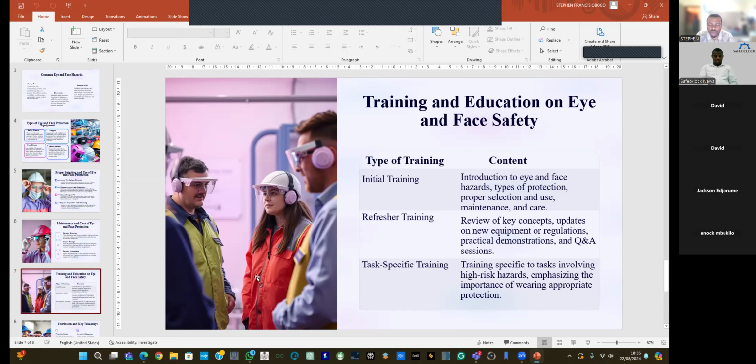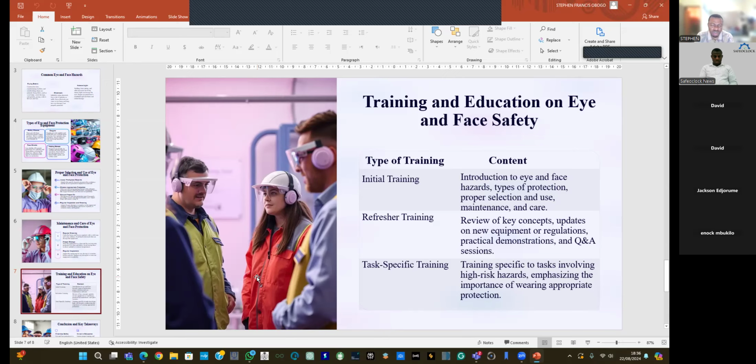Also, there are some task-specific trainings which involve high-risk activity or hazard, whereby we need to emphasize the importance of wearing appropriate PPE. The truth is that when you are dealing with maybe some kind of harmful chemicals and your face is exposed, or you work in a place where they are doing demolition work and you just open your eyes, you know what happens: construction debris and all those things can get in contact with the eye.